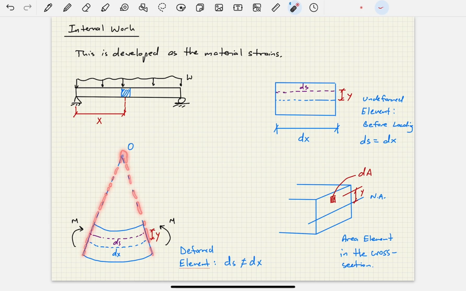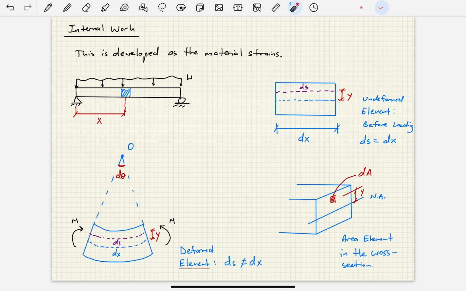And I'm going to do this to help me derive some of these relationships. Now, it turns out that we're going to call this angle right here d theta, okay? That's going to be the d theta that we're interested in. And again, this is the interior angle of this point O that's formed by projecting these deformed planes up to a common point, okay?